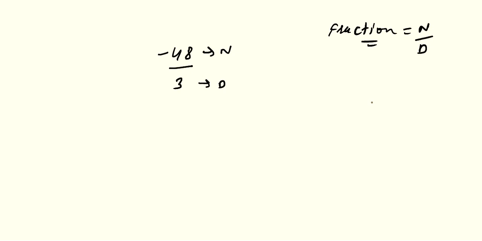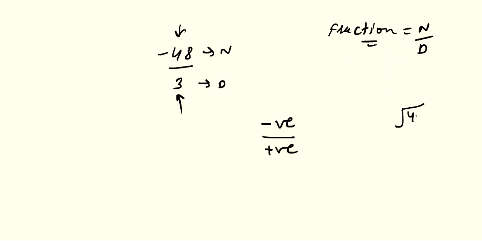Okay, then what about second case? For example, if you are having -48 and you are dividing that -48 by 3, as you can see here, this is your numerator and this is your denominator. This -48 by 3 is a fraction, and you know fraction is made up of numerator upon denominator. So as you can see here, -48 we are having in numerator and +3 on denominator. One negative integer divided by one positive integer.